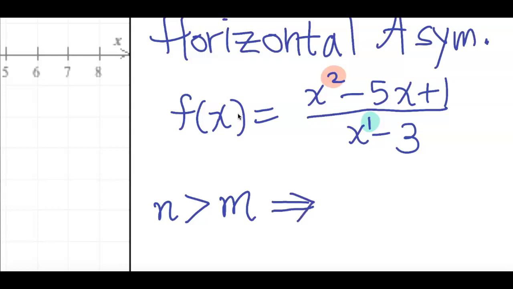So guess what kind of asymptote we're going to have? One thing for sure is that we're not going to have a horizontal asymptote, because the top will get bigger faster and faster, and the function will just go to positive infinity.